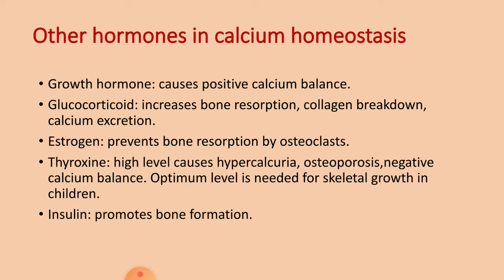Next is estrogen. Regarding estrogen, I have already discussed in the context of osteoporosis that estrogen helps to prevent or to curtail osteoclastic bone resorption. On one side, it reduces cytokine mediated osteoclastic proliferation.